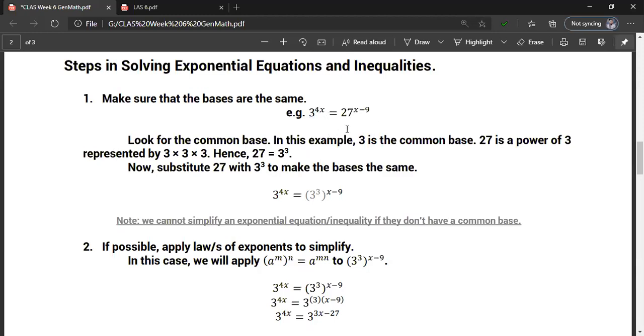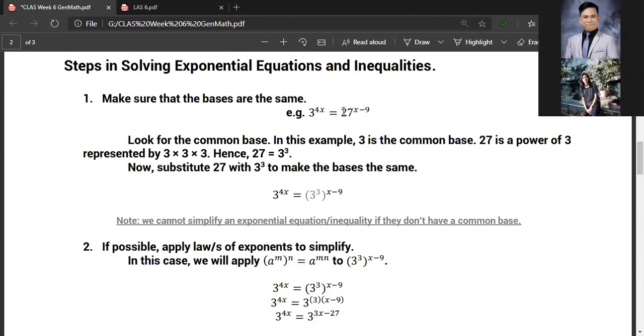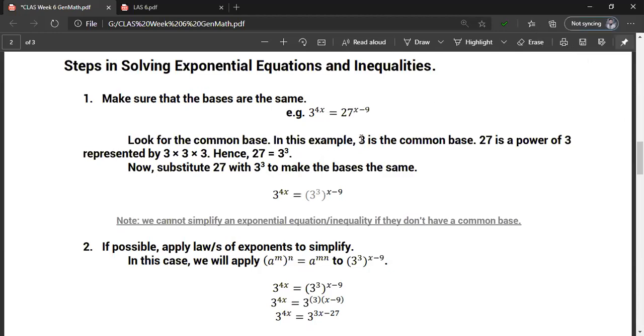Usually, ang common base natin ay prime number. So, 3, di ba? Tapos, 27 is a power of 3. Alam natin na kapag ni-raise natin yung 3 in a certain power, makakakuha tayo ng 27. And we all know that 27 is represented by 3 times 3 times 3.